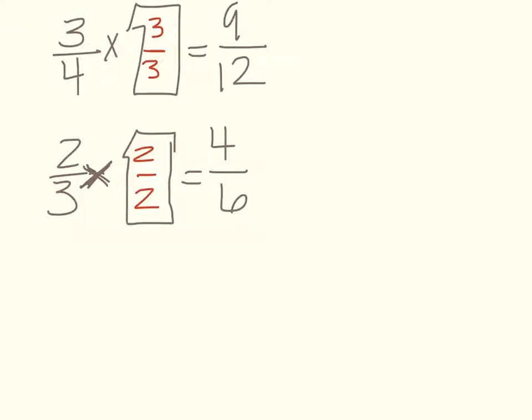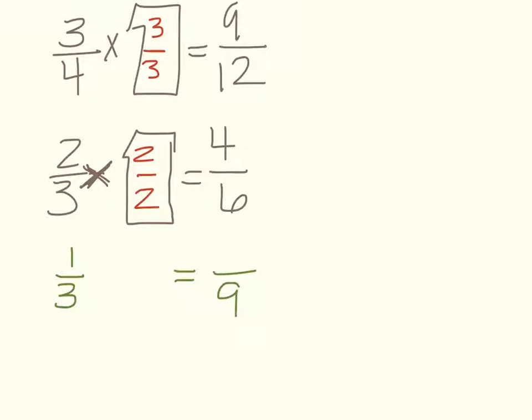Now, sometimes what your book is going to ask you to do is to figure it out with only part of your fractions visible. So they may say 1/3 equals so many ninths.